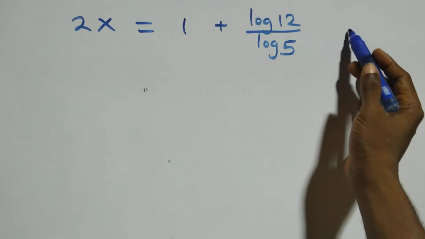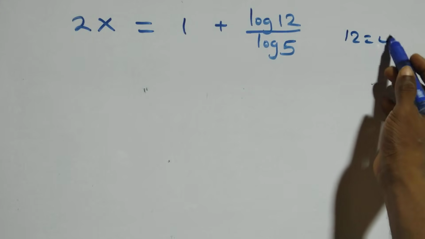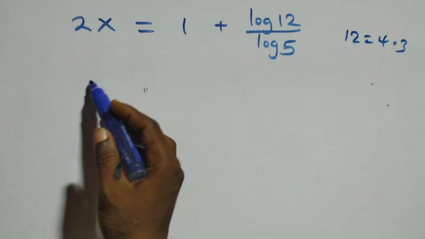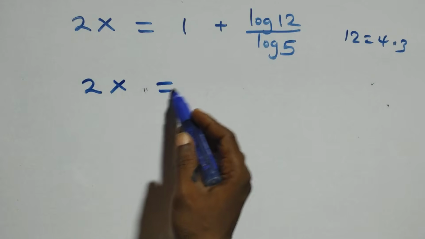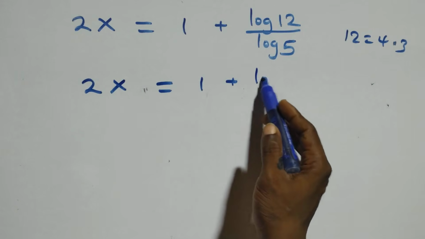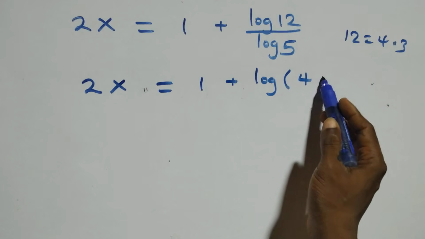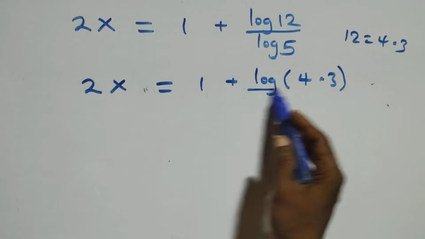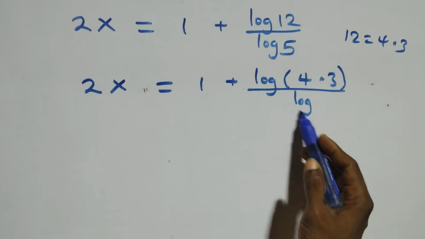Next step here, also 12 can be written as 4 times 3. What we have here becomes 2x equals 1 plus log 4 times 3 over log 5.